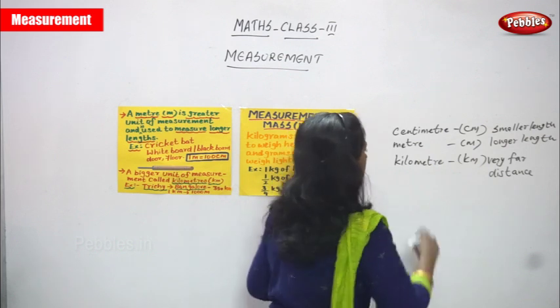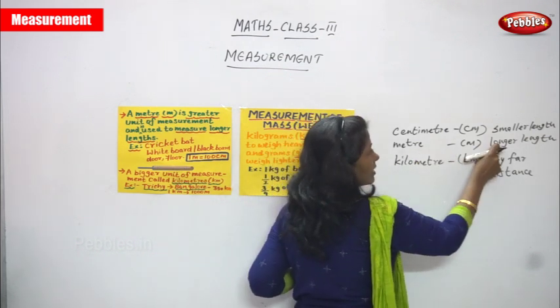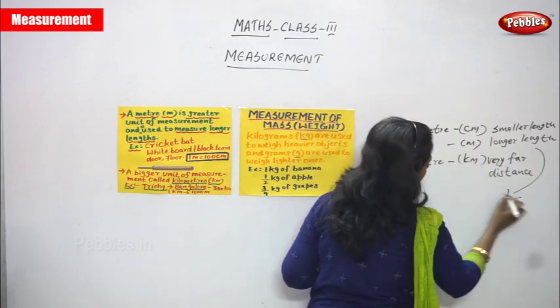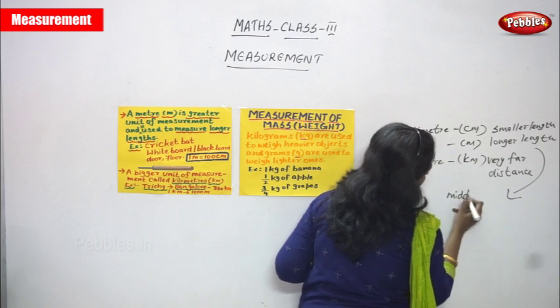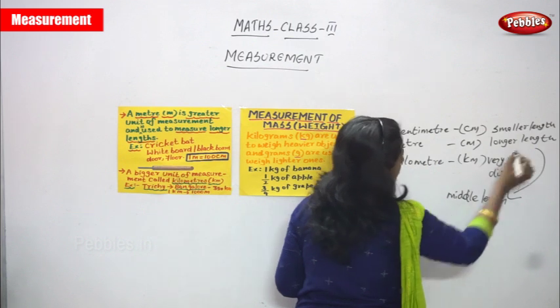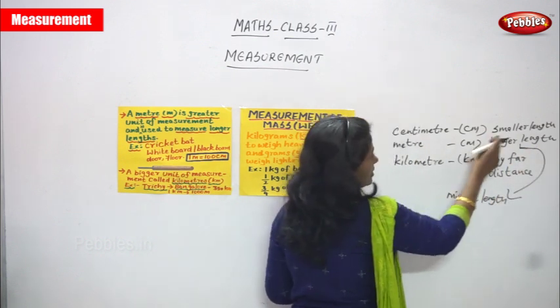Very far distance is measured in kilometer, and longer length is measured in meter. Longer length, otherwise we can call it a middle length, compared with very far distance. Centimeter is a smaller length.